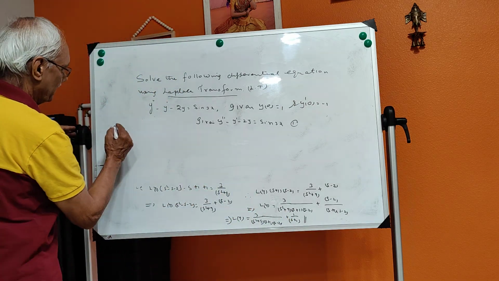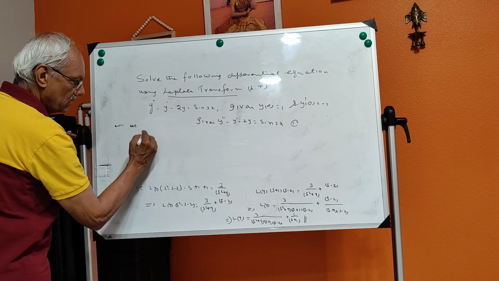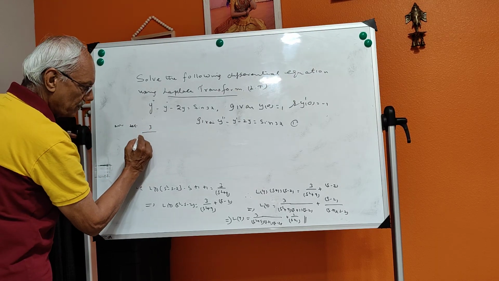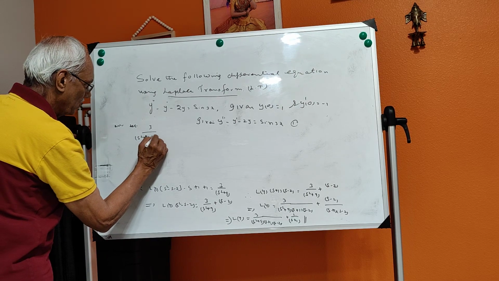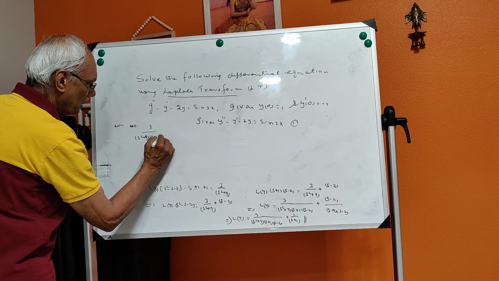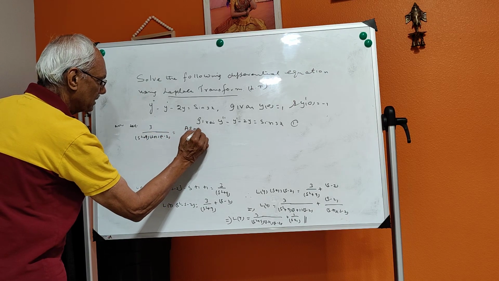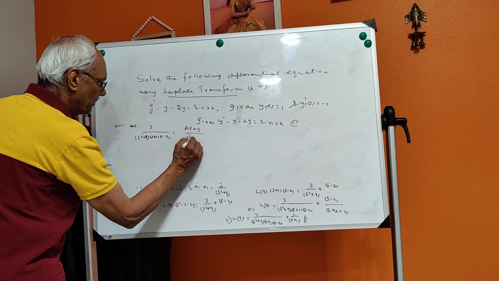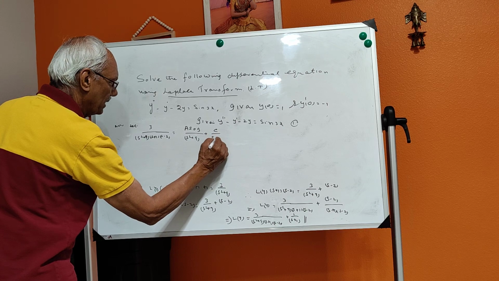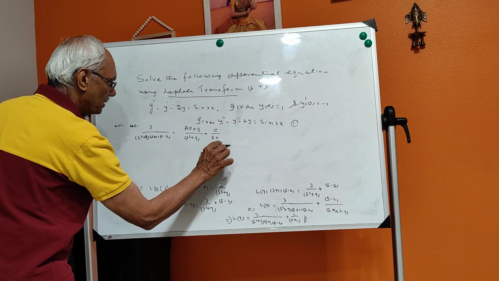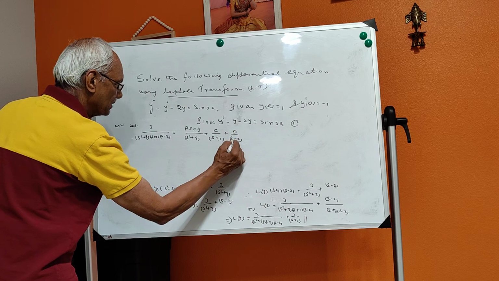Now let 3 by s square plus 9 into s plus 1 into s minus 2 be equal to as plus b divided by s square plus 9, plus c divided by s plus 1, plus d divided by s minus 2.